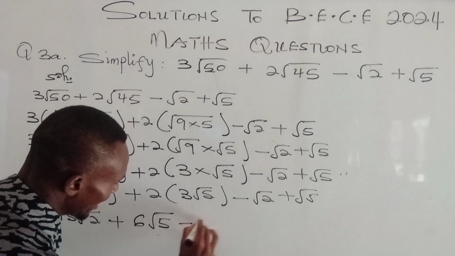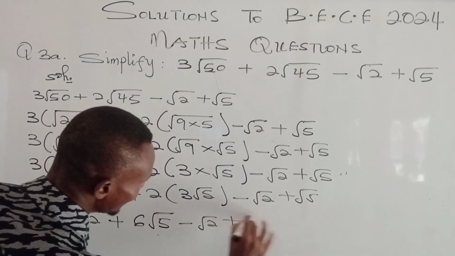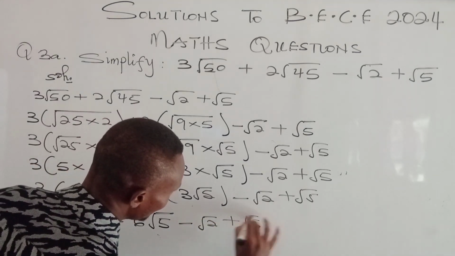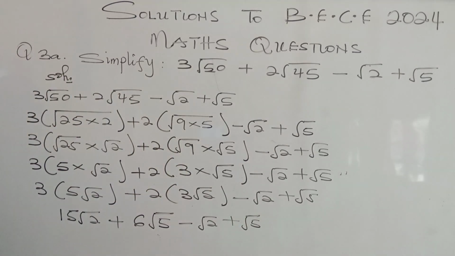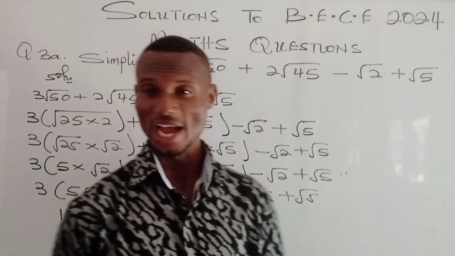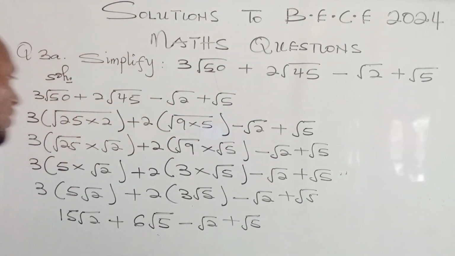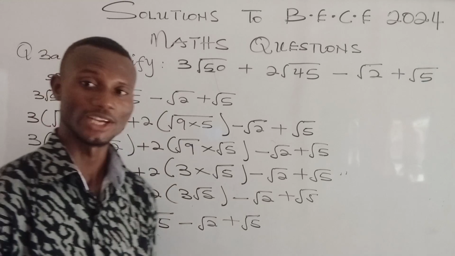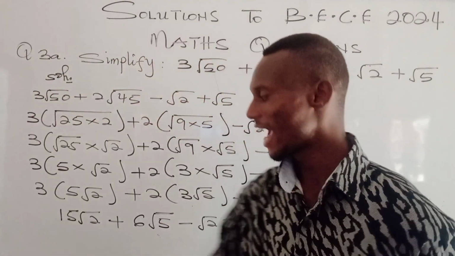Then I'll bring my minus root 2 plus root 5. I hope you understand and you agree with me up to this point. So let's go ahead and simplify further. What we need to do here is to group like terms. You can see that we have some like terms there.